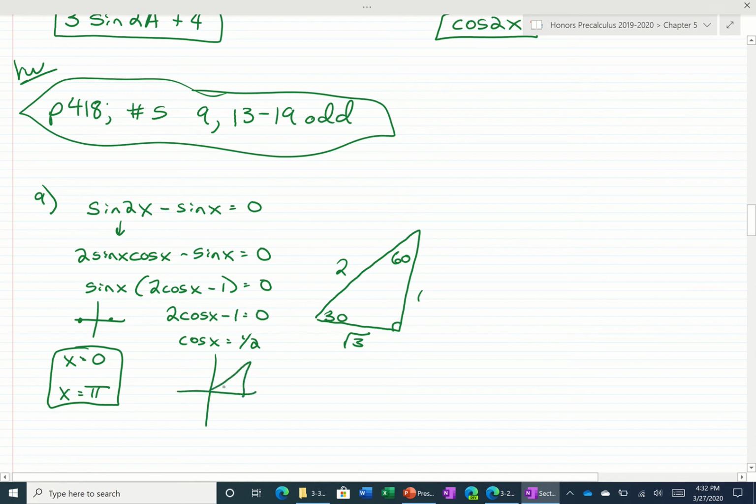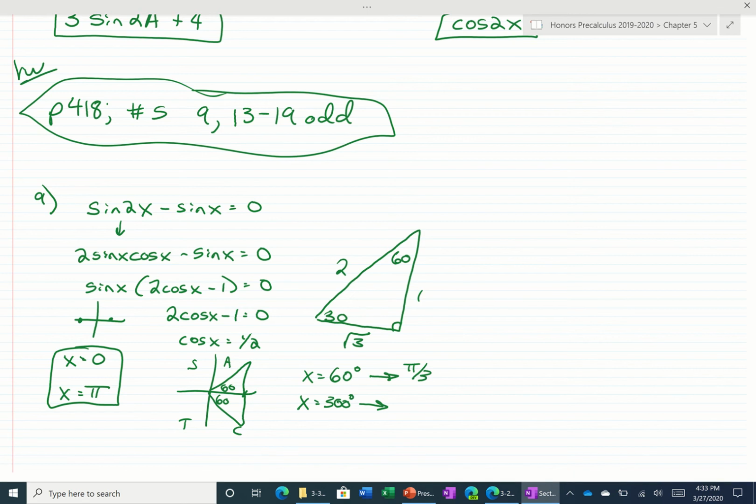So 60 degrees, and if all students take calculus, it would also work over here at 300. So x would be 60 degrees, which is just pi over 3. And x would also be 300 degrees, which, convert that real quick, 300 over 180 is 5 pi over 3.